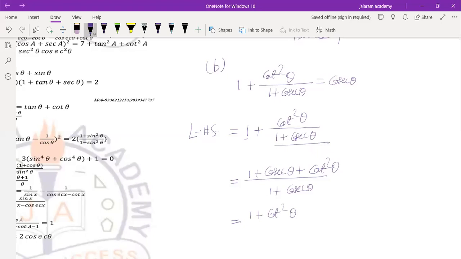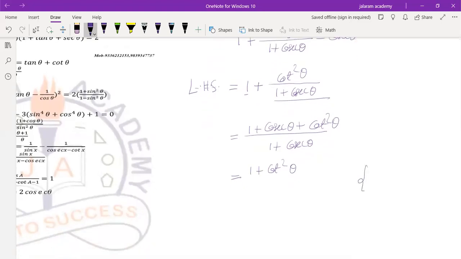As we know, 1 plus cot square theta equals cosec square theta. So just recall all the identities. Is there any relating to cot square theta? We recall sin square theta plus cos square theta equals 1; there is no cot theta in it. Second is 1 plus tan square theta equals sec square theta; no cot theta there. Third is 1 plus cot square theta equals cosec square theta.